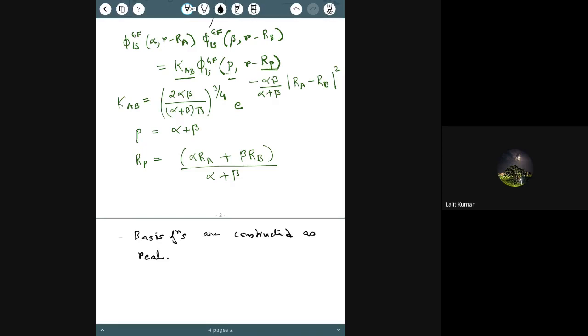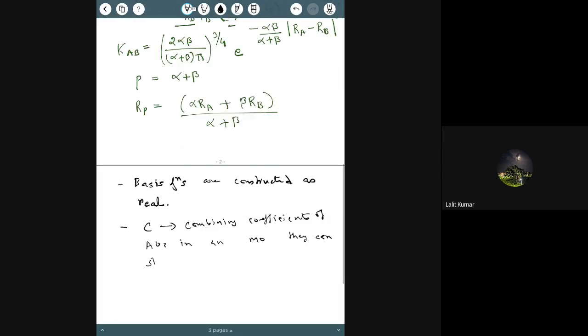So the C's, which are the combining coefficients of AOs in an MO, can still be complex.